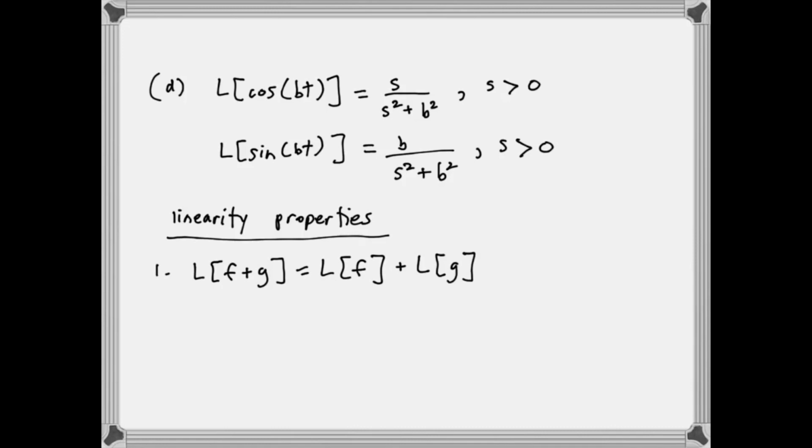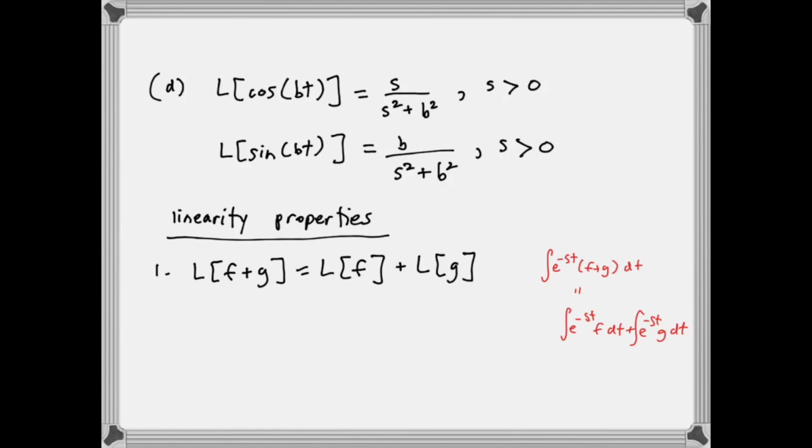Why is this? This has to do with when you're actually calculating this integral. It's going to equal the integral of e to the negative st times f plus e to the negative st times g. That's just by the rule of integrals distributing over addition.